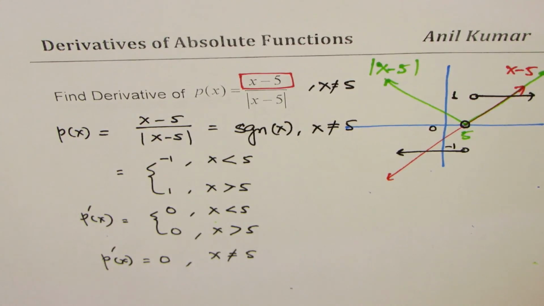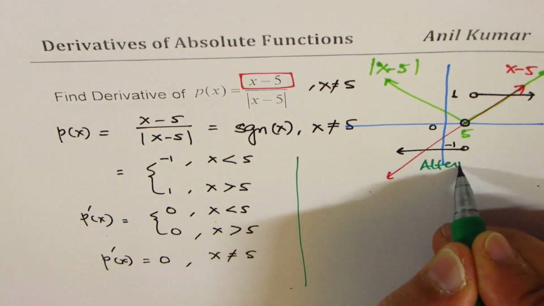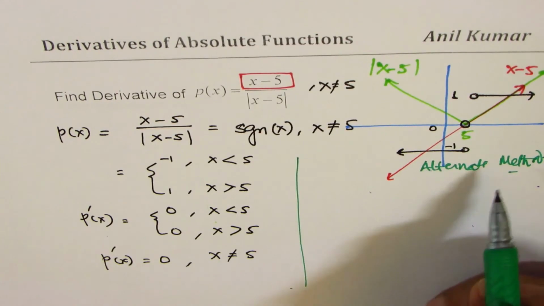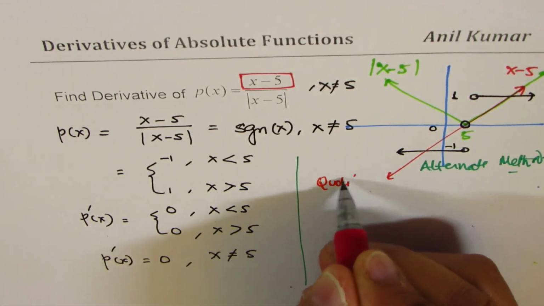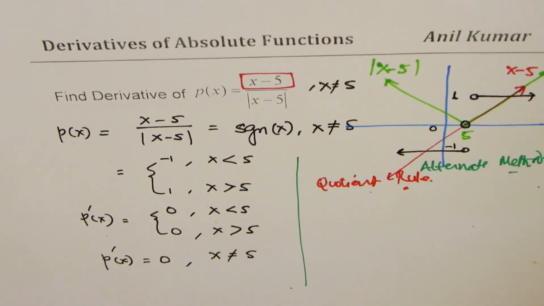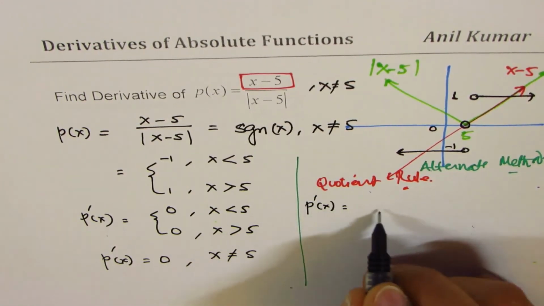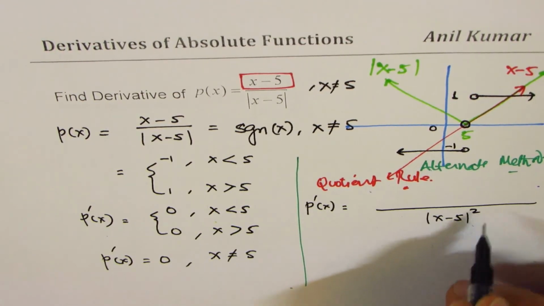So what I would like you to do is, let's say, an alternate method. Alternate method could be using quotient rule. So we can say that the derivative of the function is, let us say, absolute x minus 5 whole square in the denominator.